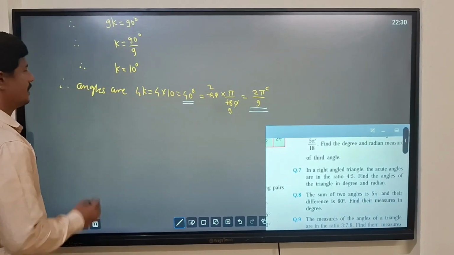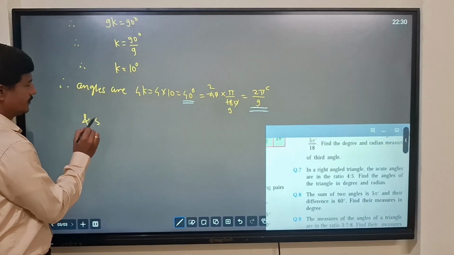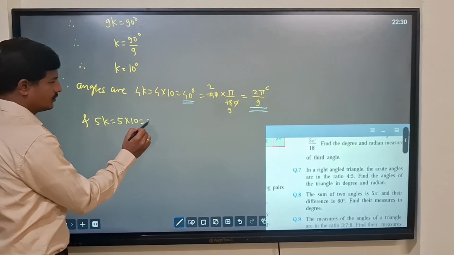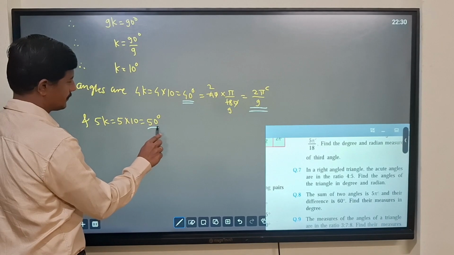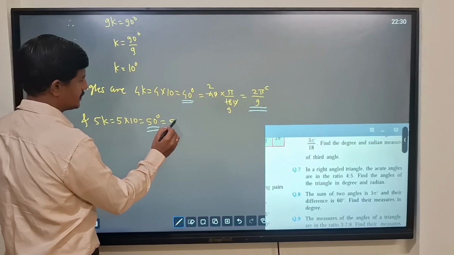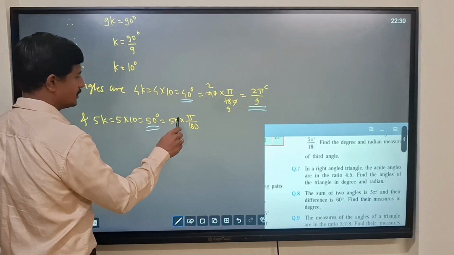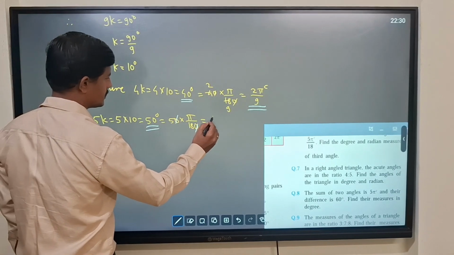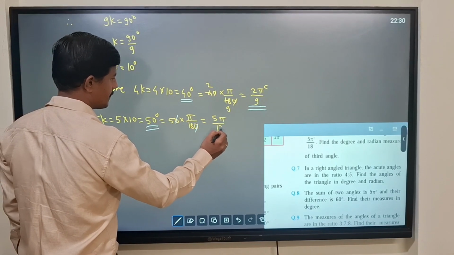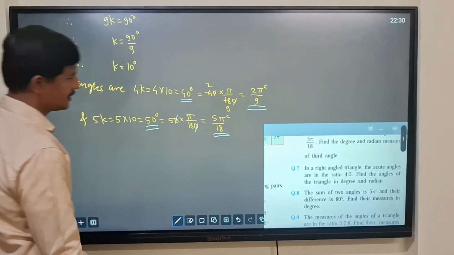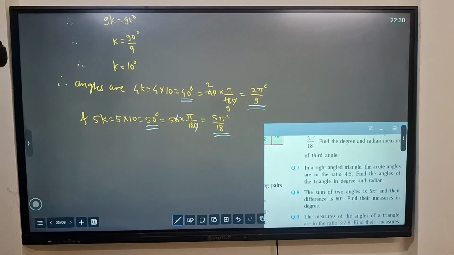And the second angle is 5K equal to 5 into 10 equal to 50 degrees. That is equal to 50 into pi by 180. Zeros cancel, so this becomes 5 pi by 18 radian. This is the answer.